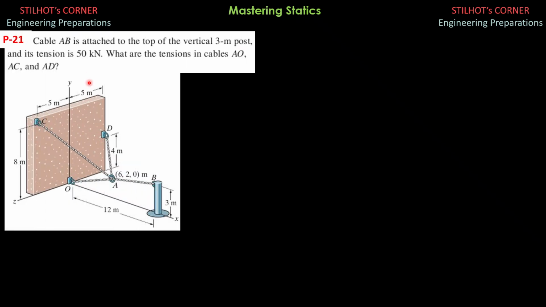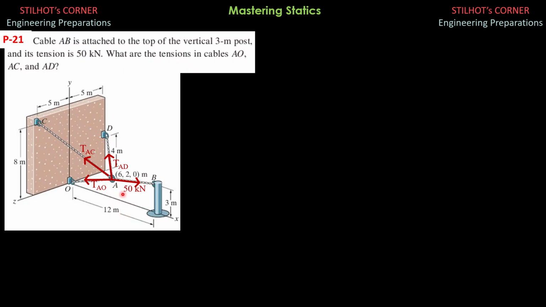Problem 21, cable AB is attached to the top of the vertical 3-meter post, and its tension is 50 kilonewtons. So what are the tensions in cables AO, AC, and AD? So for the free body diagram, let's consider the following as shown.